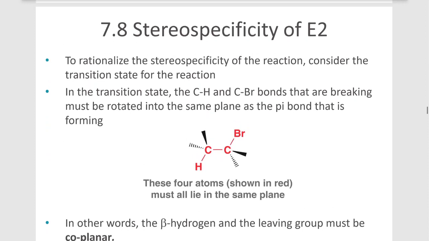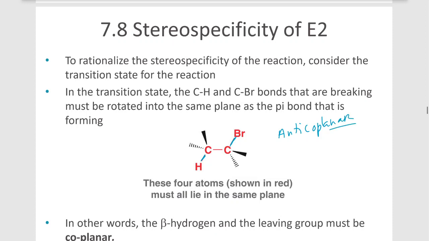It turns out that for this mechanism to occur, the hydrogen and the leaving group must lie in the same plane, or at least approximately the same plane. So the transition state is anti-coplanar. Okay, so that's called anti-coplanar.